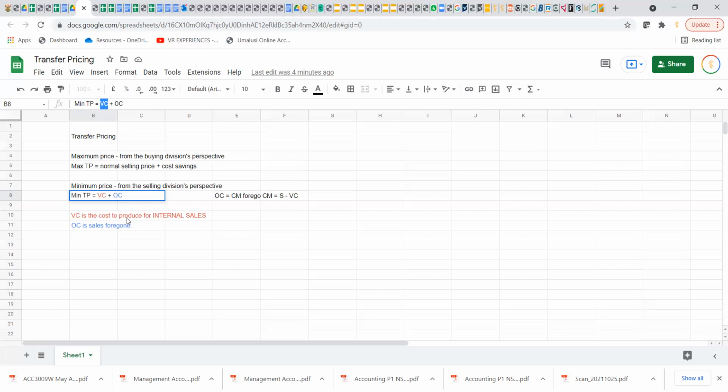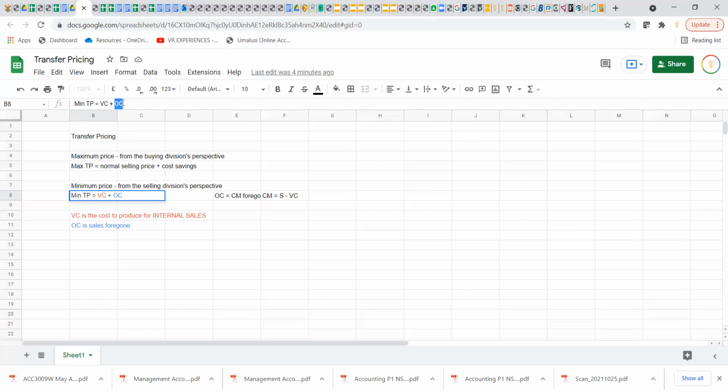So once again, the minimum price is variable cost to produce internally plus opportunity cost. You only have an opportunity cost if you have to forego sales, if you have to forego external sales.